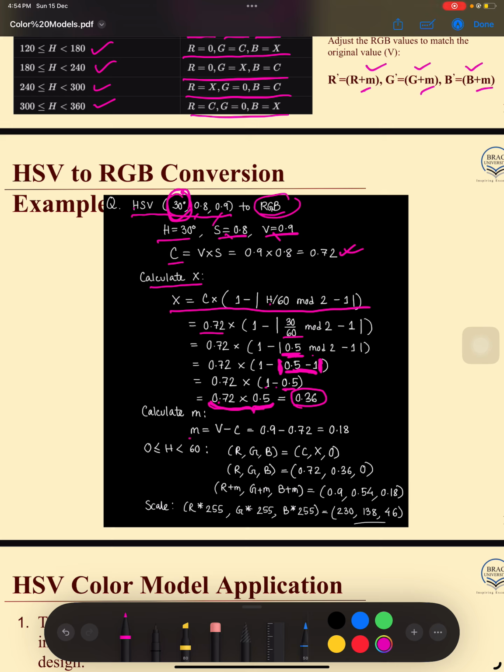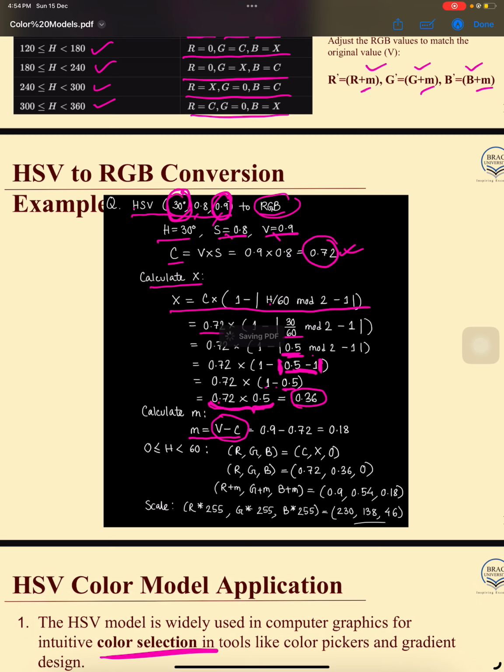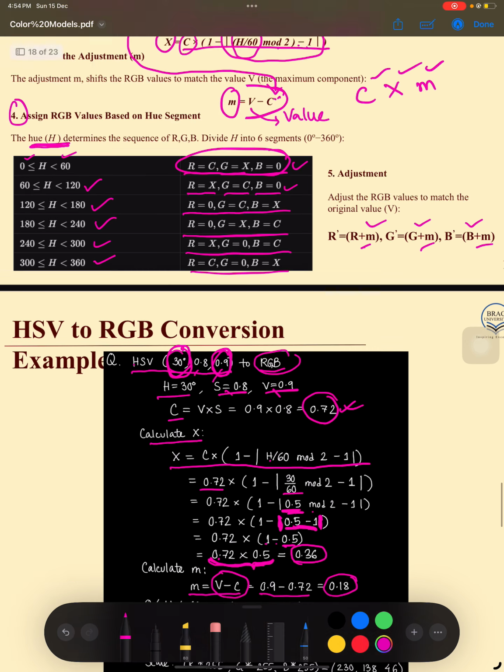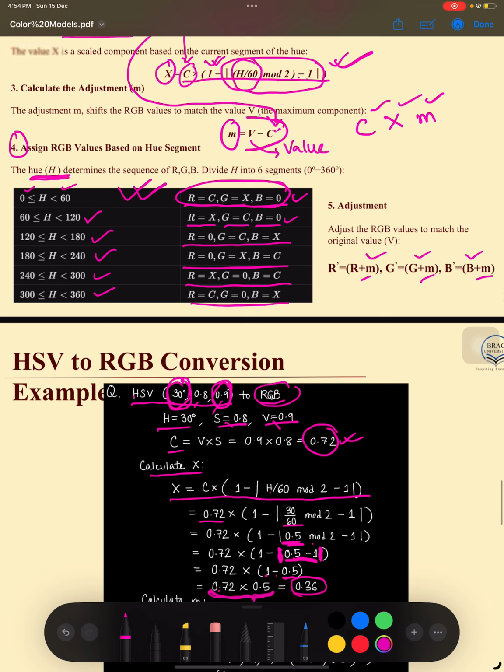Next, I calculate the adjustment M. The formula was simply V minus C. V is the value that was given, and C is what I calculated here. So it's 0.9 minus 0.72. This is my M. Now we have to go back to this table and see which condition to pick.